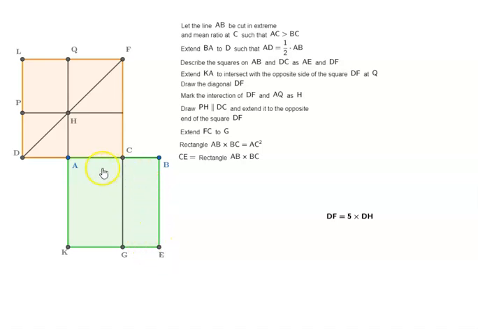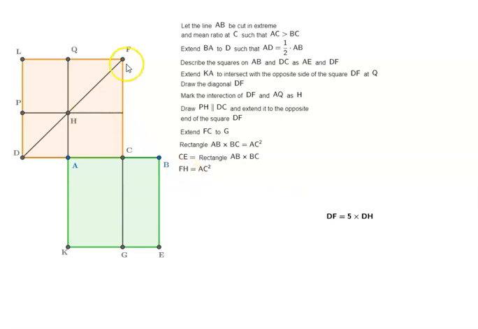Why? Because CE is equal to BC by BE. But BE is equal to AB. So we can say CE is equal to AB by BC. So that is why CE is equal to rectangle AB by BC.